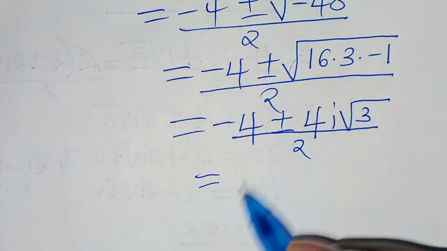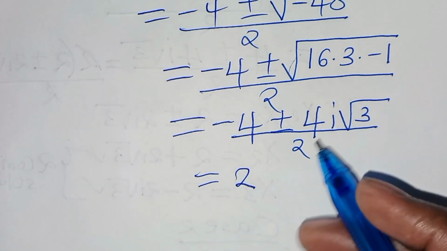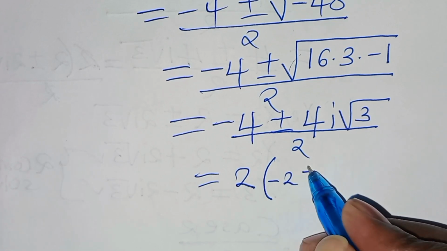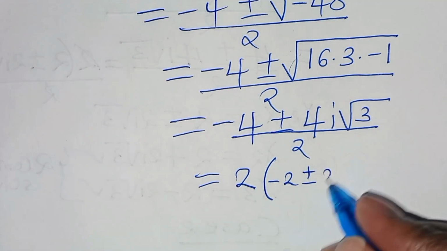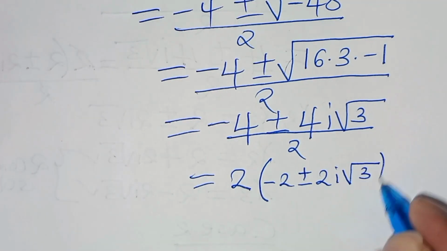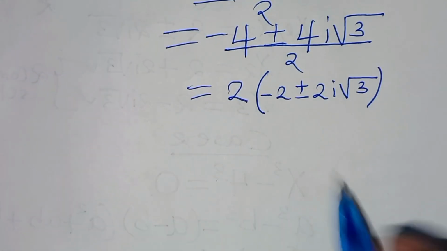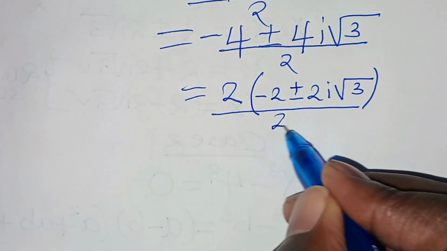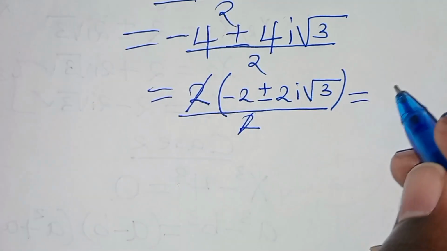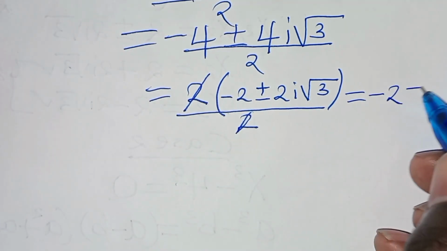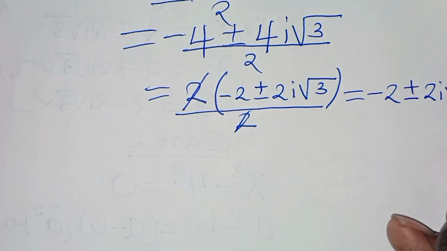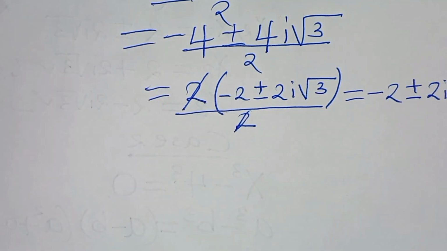So here we can factor out 2, so that now here we'll have minus 2 plus or minus 2i square root of 3 divided by 2. So we simplify 2 and this 2, so that now here we have minus 2 plus or minus 2i square root of 3.